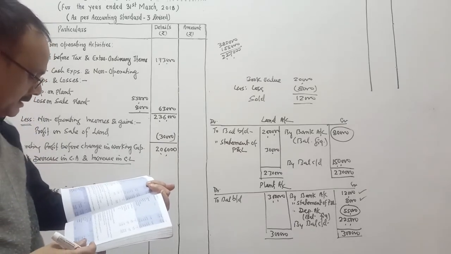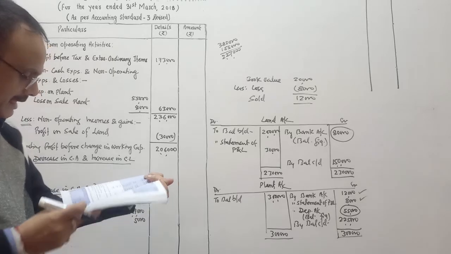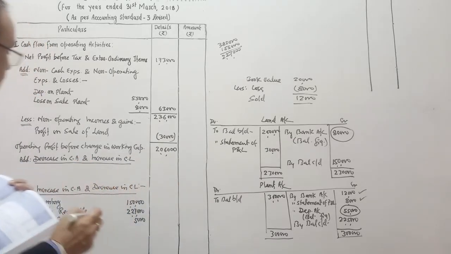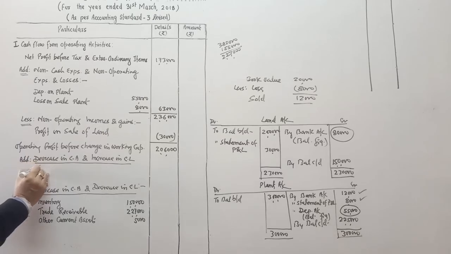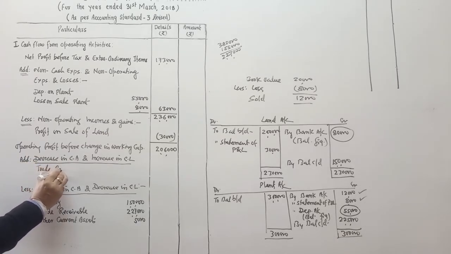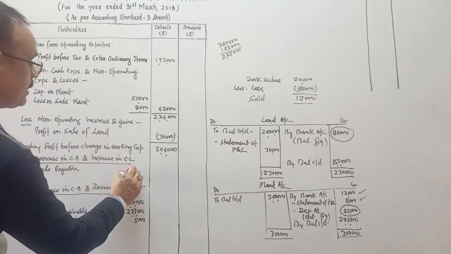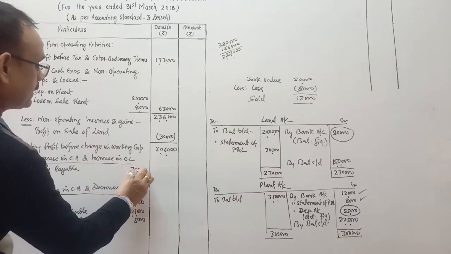Next is trade payables. Trade payable last year 70, this year 1 lakh. So trade payables is increased. So increase in current liability. Trade payable is increased by last year 70,000, this year 1 lakh. So it is increased by 30,000.